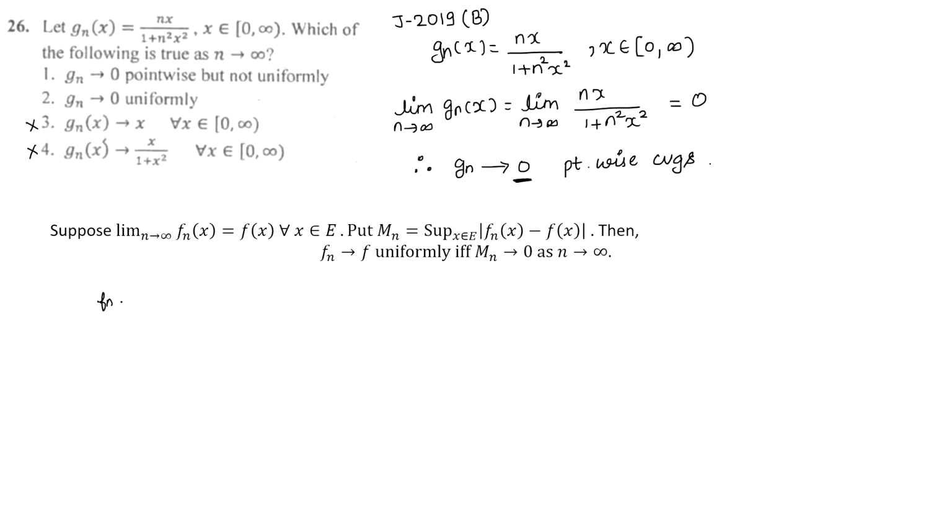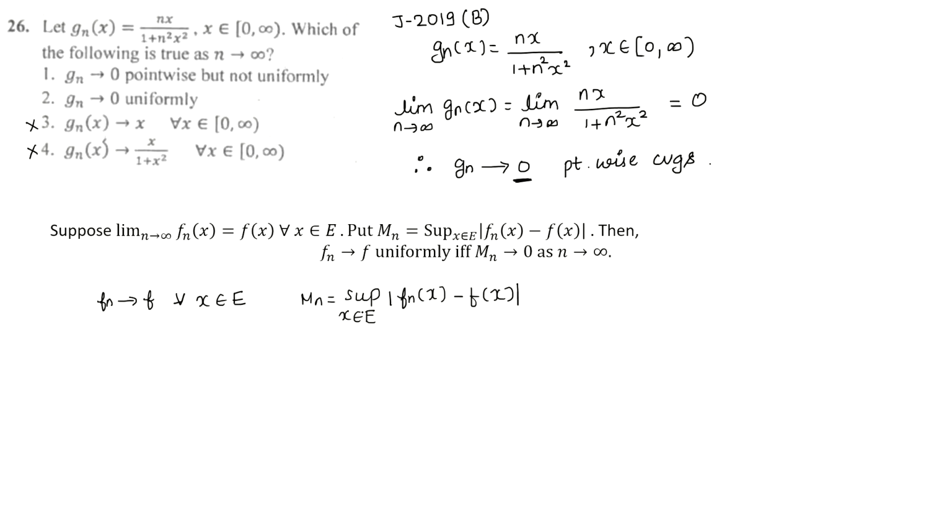So this theorem says that if we know what is the pointwise limit of the sequence of functions, that is if we know that fn converges to some f for all x belongs to E, the domain which we have been given, then to determine whether fn converges to f uniformly, put Mn is equal to supremum over x belongs to E of mod fn of x minus f of x.